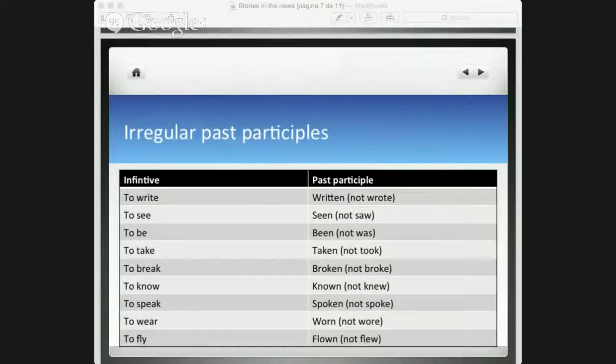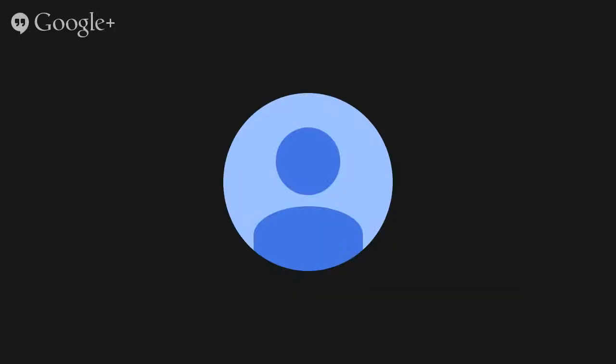So what kind of headline or news story could be about a plane that was flown, that will be flown, that is flown? What kind of examples could we think of for a headline of a news story? Okay, the plane that will be flown is the biggest in the world.